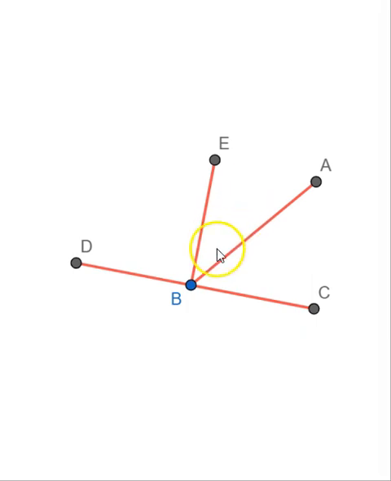Now, since they are both equal, let's manipulate that equality. What we'll do is, on one side, these two angles CBA and ABE we will add up to get CBE, plus EBD.